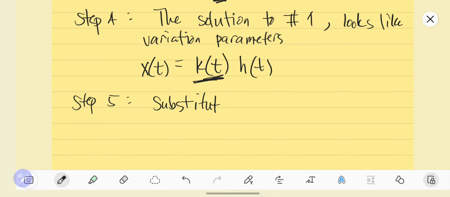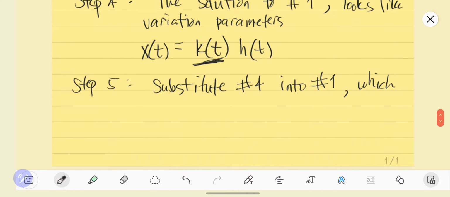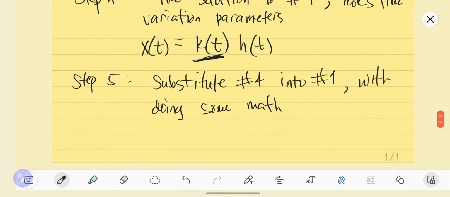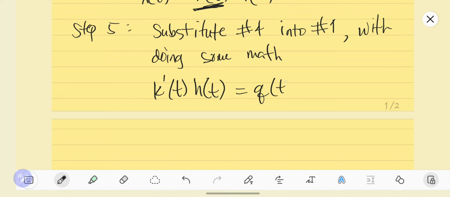So step 5 is substitute number 4 into number 1, which, with some math, will yield k prime of t times h of t is equal to q of t.